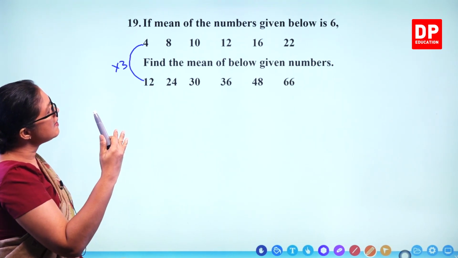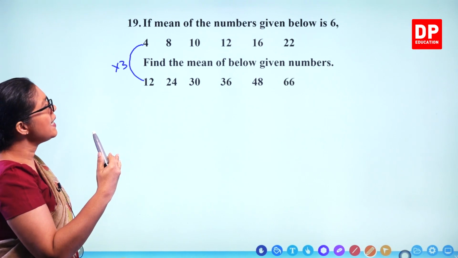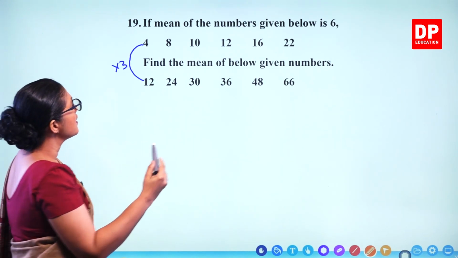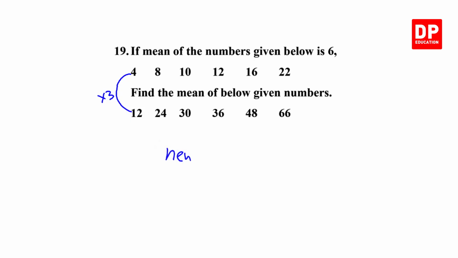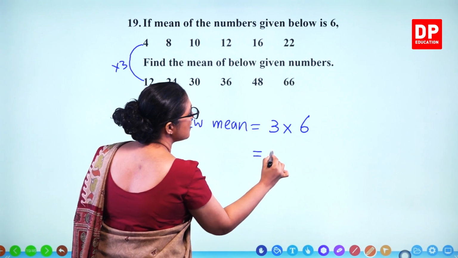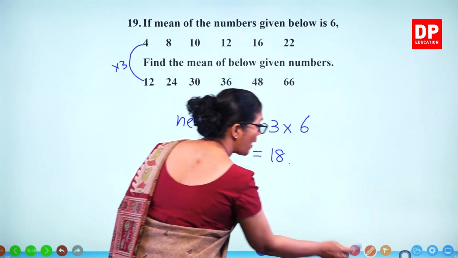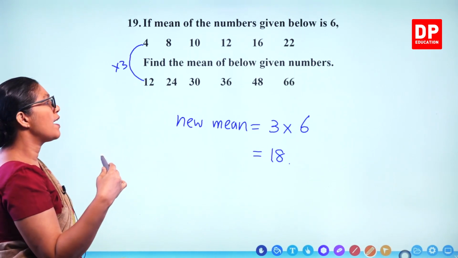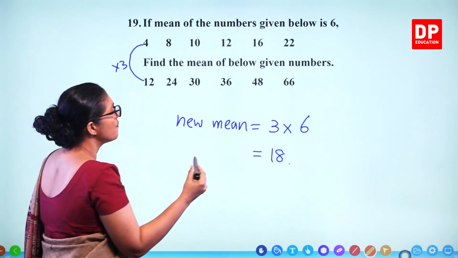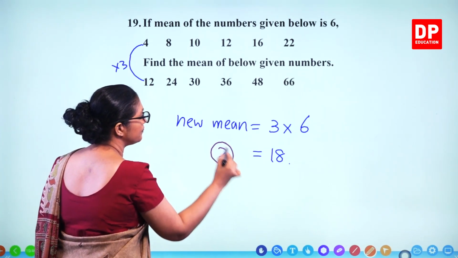The earlier mean is 6. So what is the new mean? 6 times 3. So the new mean becomes 3 times the previous mean, 6. That's 18. Now you have to identify the pattern and easily you can find out the mean. So 2 marks for that.